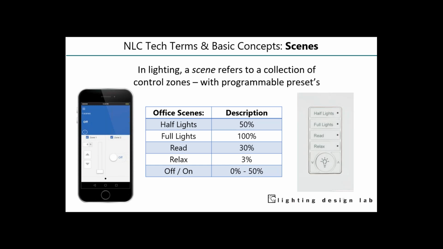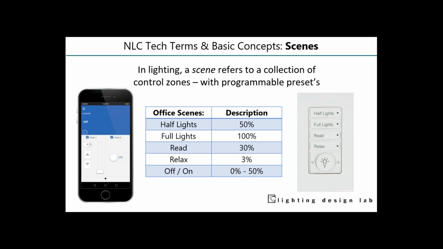This is just a great example. You can see here the on-off button has been programmed in this example to be 50% on. When you push on, you don't need to bring the lights 100% up. Now you have a full lights option that is programmed to that, but more commonly, you don't need 100% of the light. So it's a great example of where these are going and how scenes are just presets.